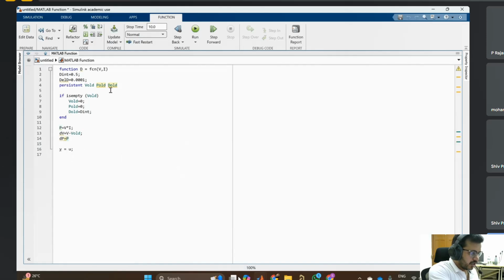Power is calculated at that instant, then P old. Same thing, and then apply the code here.